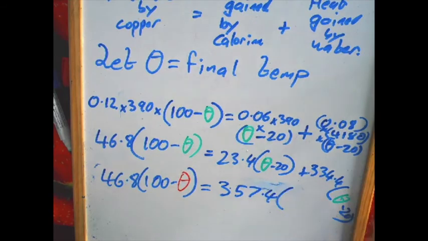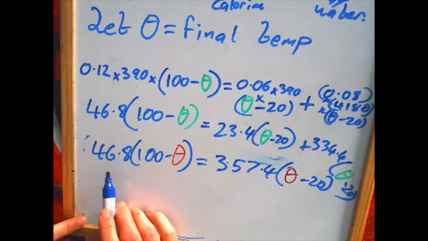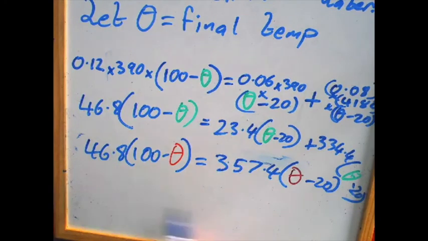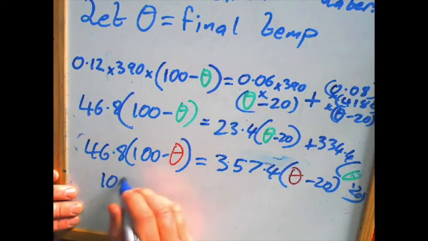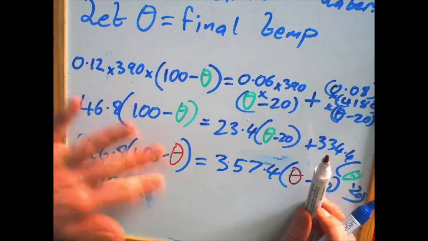So let's say 46.8 times 100 minus theta, it's a very wrong color, is equal to, on this side, 23.4 plus 334.4, which is 357.4 multiplied by theta minus 20.